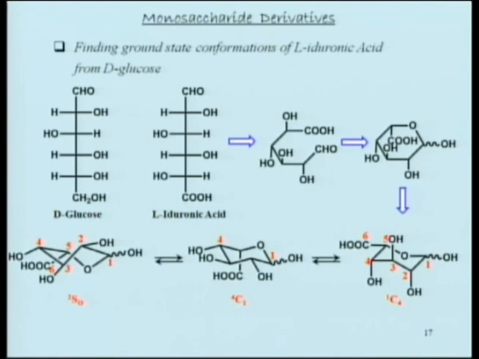In 4C1, you have the carboxylic acid as axial, and that's the dominant feature. So 4C1 doesn't populate to a significant extent in L-iduronic acid. 1C4 populates quite a bit. But in this case, there are 3 axial substituents, so even that generates significant energy. So nature tries to organize it to lessen that strain.